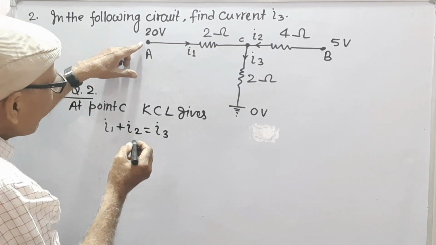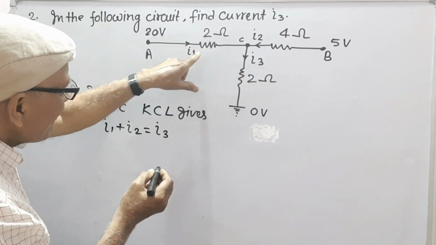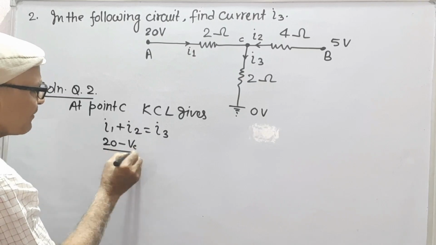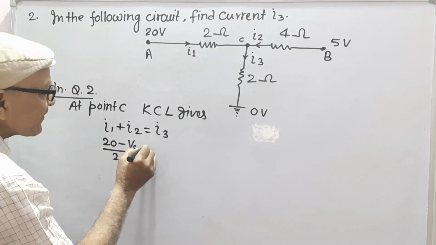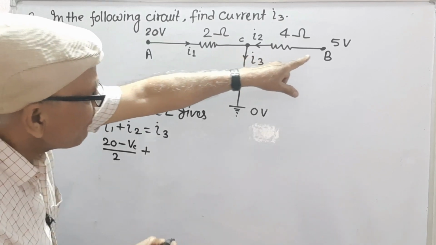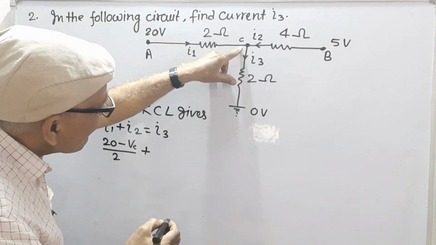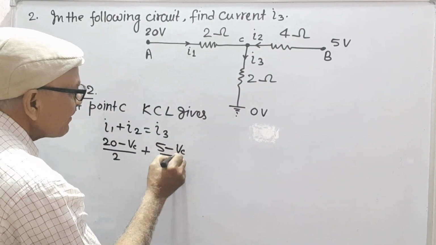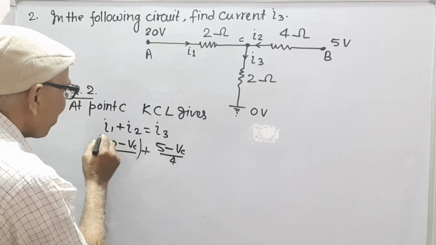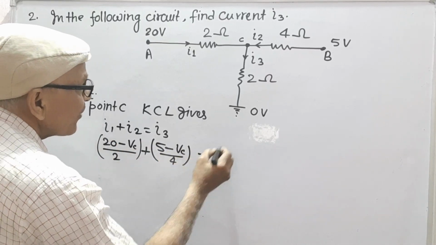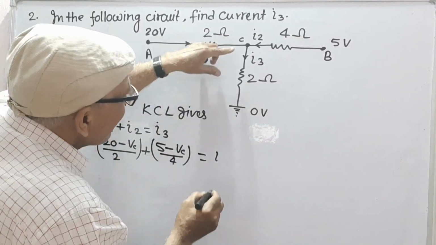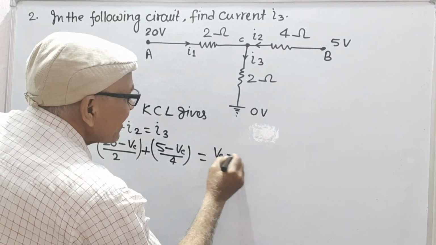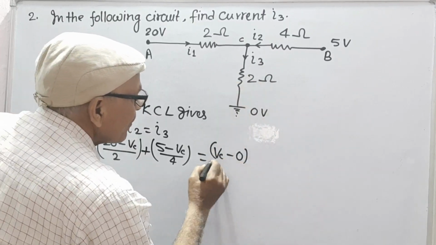I1 is 20 minus Vc upon 2 ohm. 20 minus Vc upon 2 ohm plus I2 is 5 minus Vc upon 4 ohm, is equal to I3, which is Vc minus 0 upon 2 ohm.